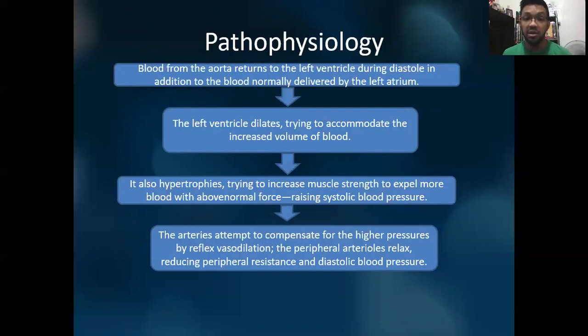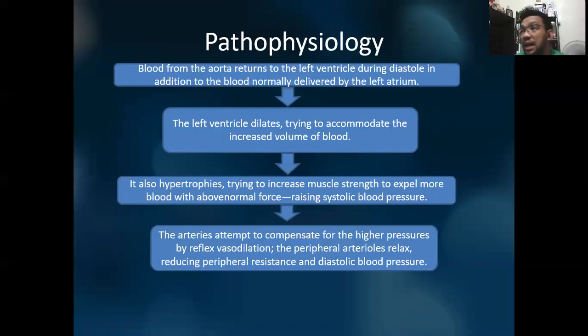And the arteries attempt to compensate for the higher pressure by reflex vasodilation, while the peripheral arterioles relax, reducing peripheral resistance and diastolic blood pressure. So what happens here, since there is high blood pressure coming from the left ventricle of the heart, is that the arteries try to compensate by vasodilating.